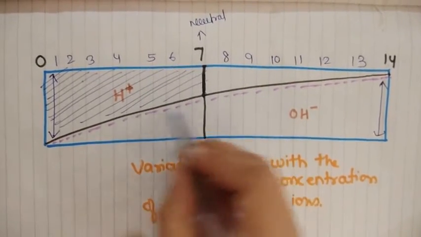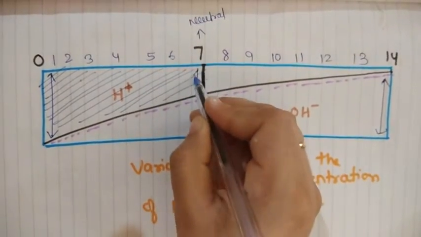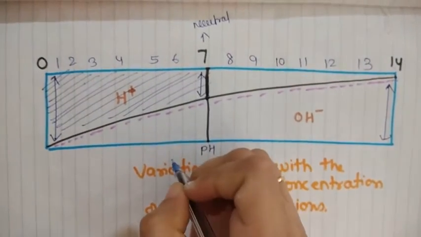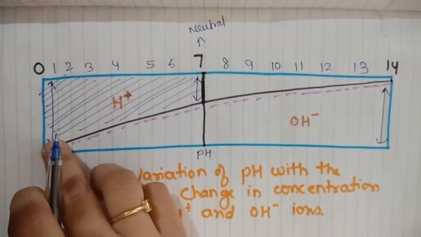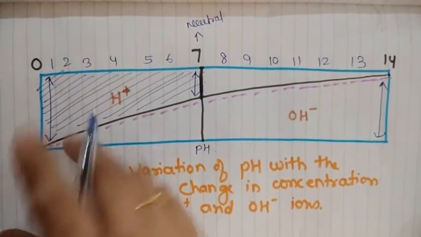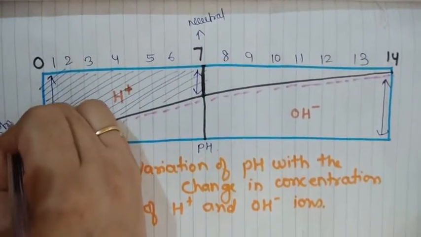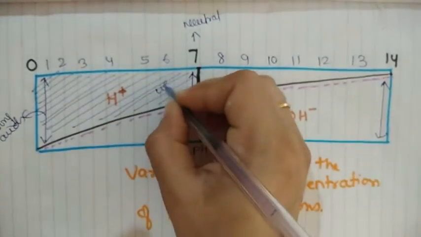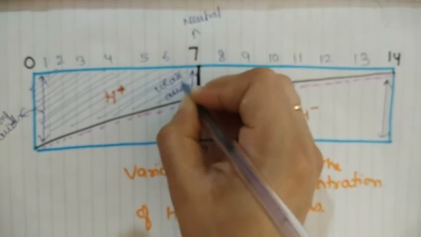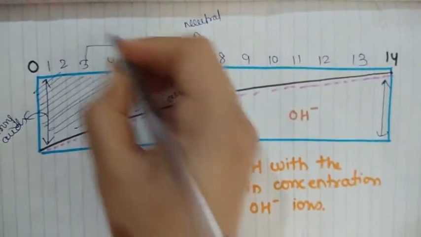On the basis of hydrogen ion concentration, when it is minimum, you can say this is a weak acid. When it is maximum, then you can say those are strong acids. So these are strong acids, this will be weak acids, and this one will be medium acids.